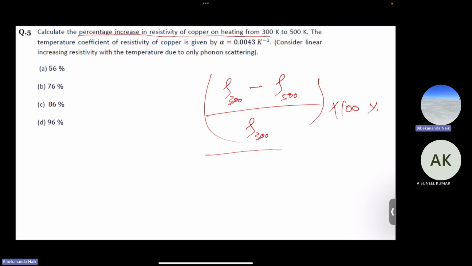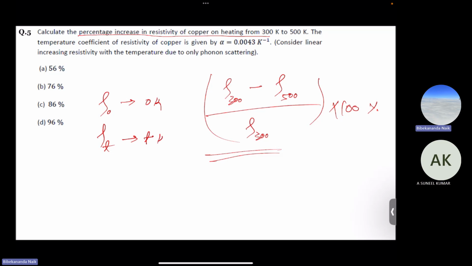Basically, there is a formula for the temperature coefficient of resistivity, alpha. We also need to consider that there is linear increase of resistivity with temperature. Suppose there are two values: one is rho 0, the resistivity at T0, and another value rho T, the resistivity at T Kelvin.